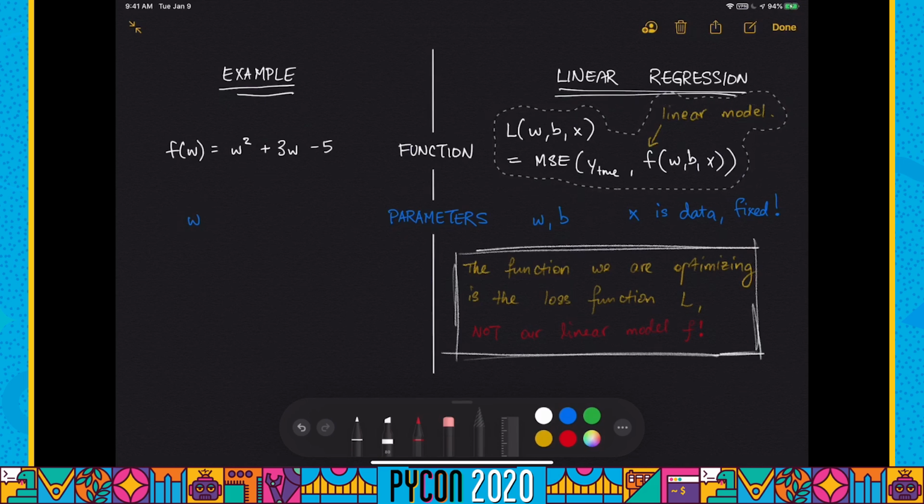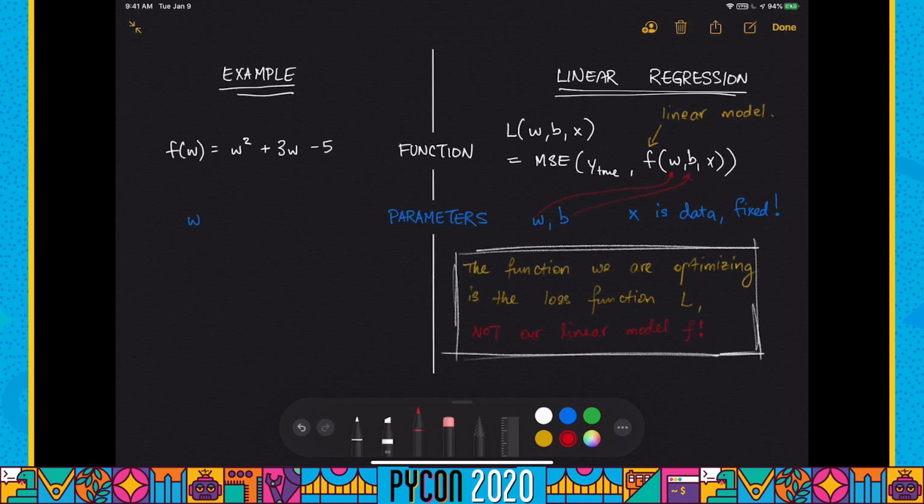Here, the parameters that we want to optimize are w and b. And these parameters, yes, they do show up inside the linear model equation, as you can see over there. But I want you to be extremely clear.